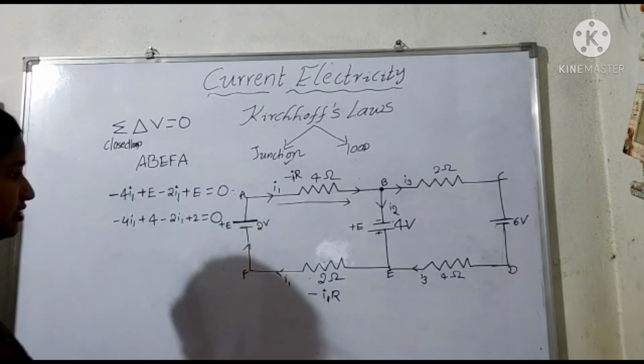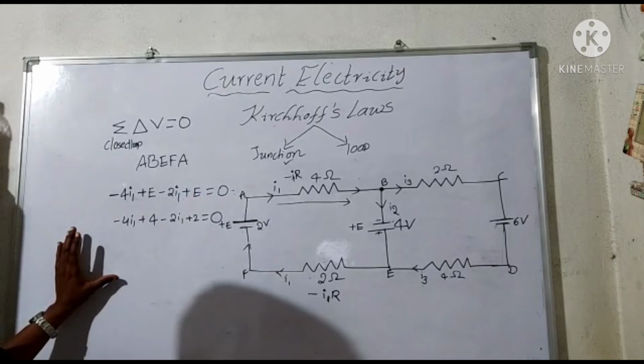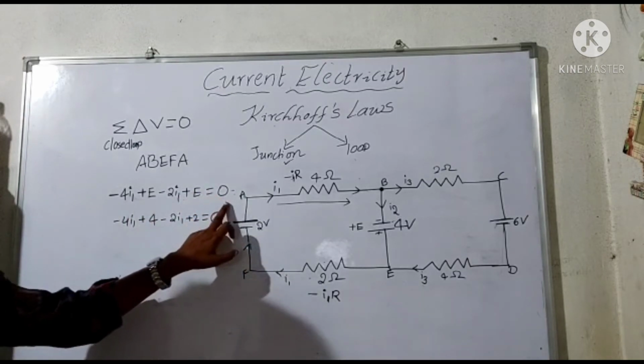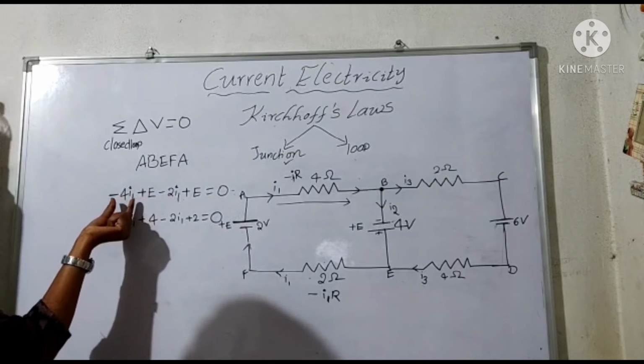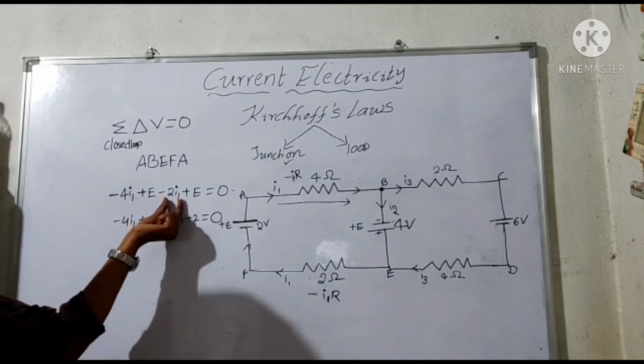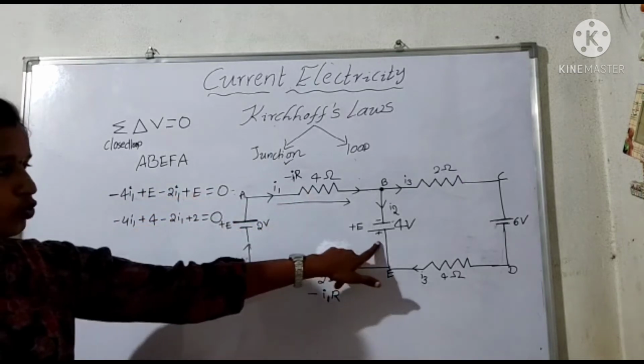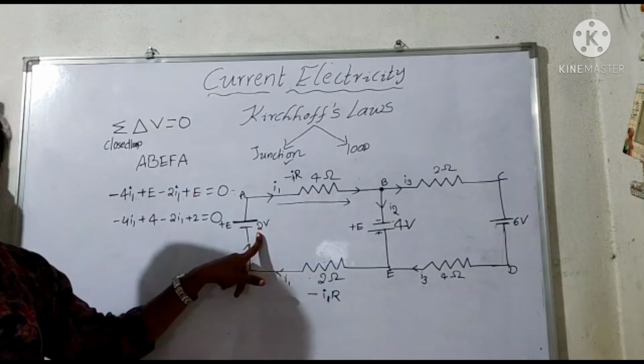We know that condition: the algebraic sum of potential differences in the loop must be 0. This is the resistor, this is the EMF battery, this is the resistor and this is the battery. Two resistors and two batteries. We are adding the potential across this.